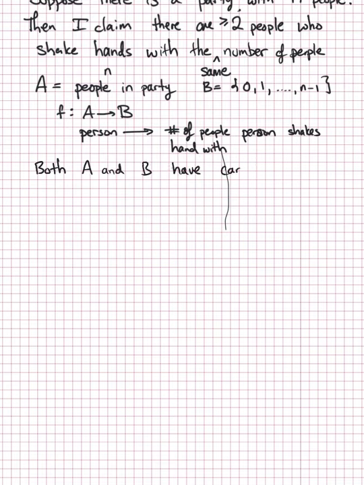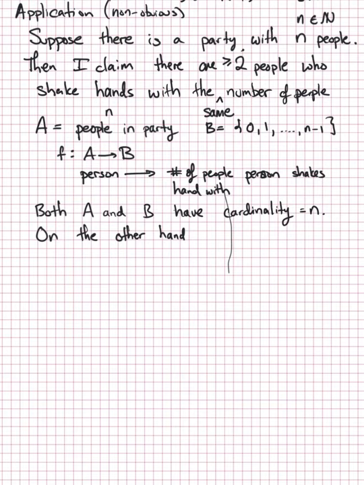On the other hand, and this is the little trick, this is the usual thing with all of these pigeonhole principle problems. There's always one little trick, which again always seems kind of obvious, but leads you to some pretty surprising conclusions. So on the other hand, 0 and n minus 1 cannot both be in the image of f.